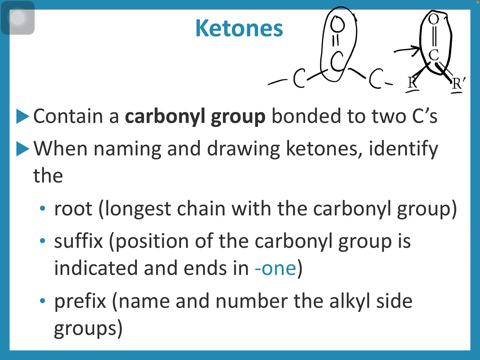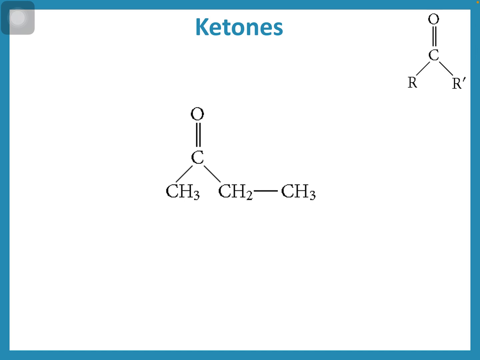And then we are going to have the prefix, the name and number of any other alkyl or halo side groups that we have. So for the example here, I have 1, 2, 3, 4 carbons as the main chain.